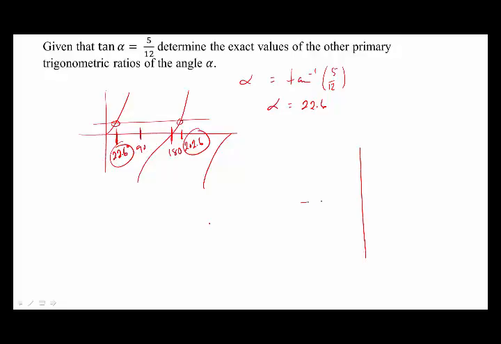If we did this, 5 over 12, it's opposite over adjacent. So I know that's a 5, that's a 12. There's my angle. It's positive, yes, so I know that's the first one. That's alpha. Where else is tan positive? Which quadrant is it positive? Quadrant 3.